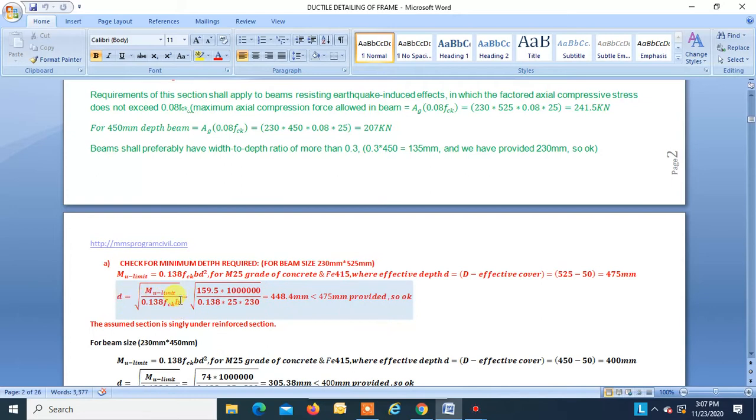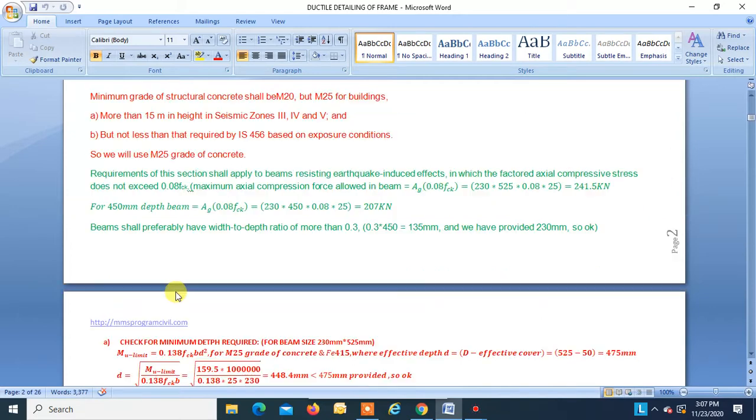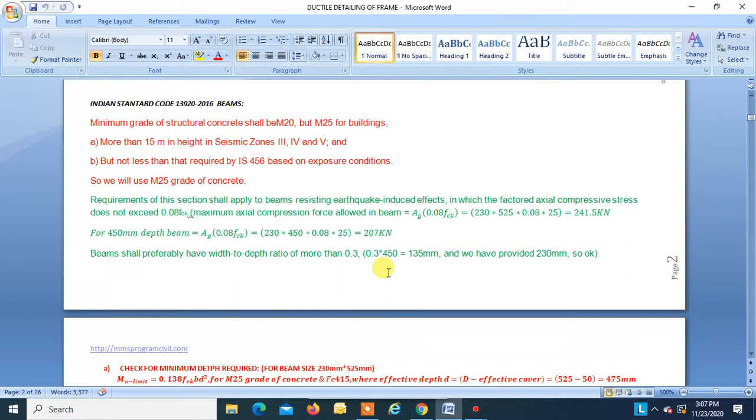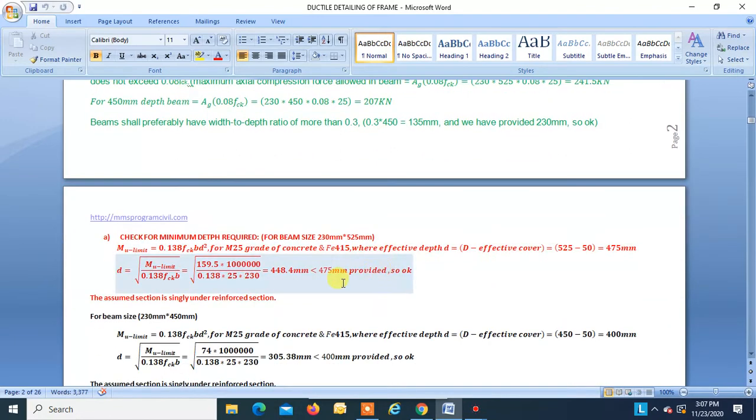This is the formula. We will take the maximum moment in this cluster. For this depth of beam, these are the moments coming on the beams. Out of this, the maximum is 159.46, so we'll check the minimum depth required for that moment.